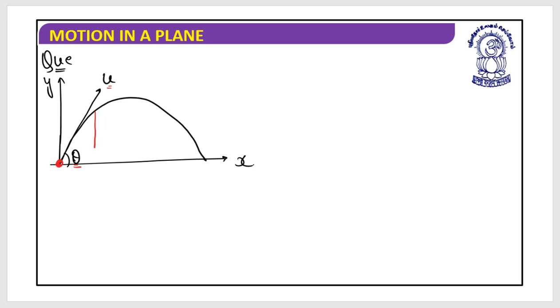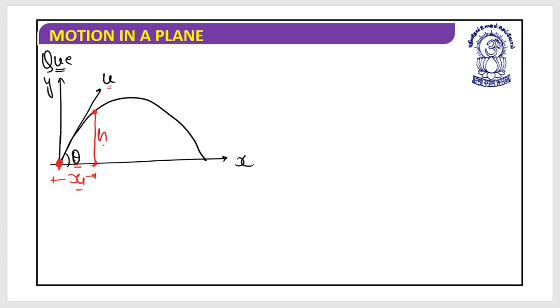At a certain distance from the projection, let's assume that distance as x1, a pole is there. The height of that pole is h. The distance of the pole from the point of projection is x1.